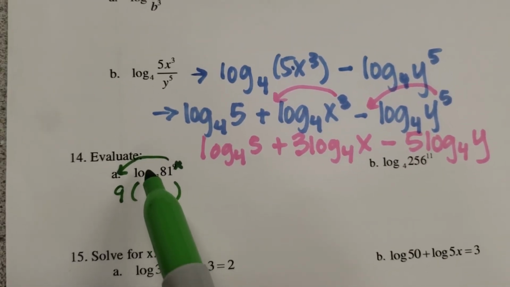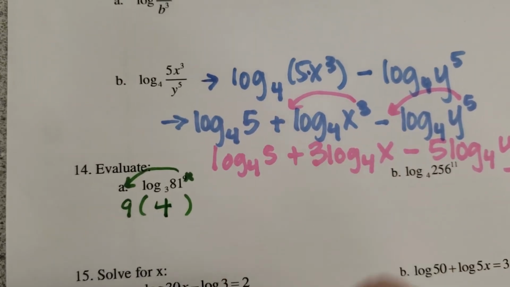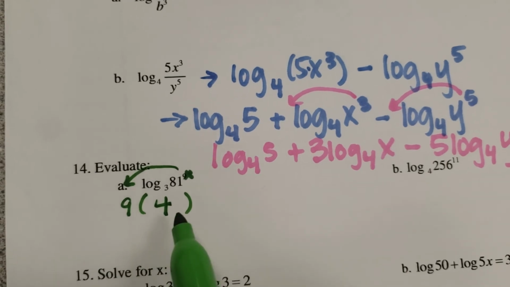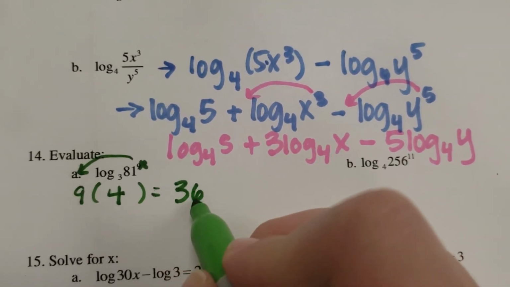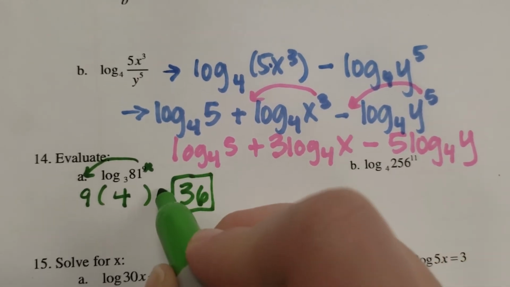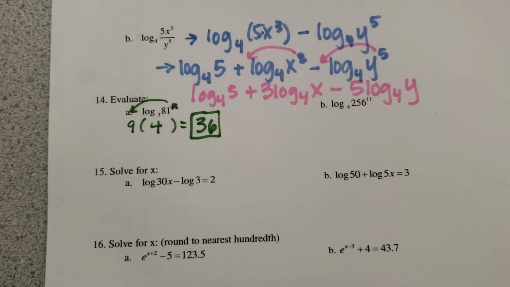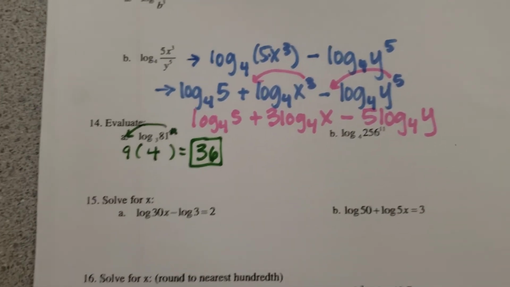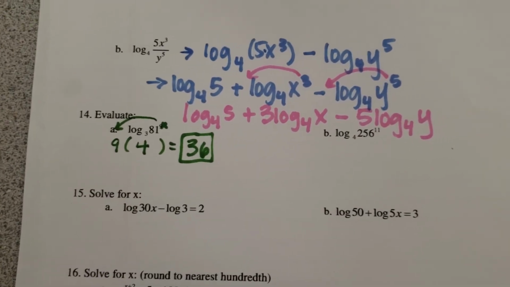So 3 to what exponent equals 81? That's 3 to the 4th. All right, so then I just have to do 9 times 4, which would give me 36. All right, so the properties just allow us easier ways to do these with mental math. And before people could work logs out with calculators, this was the best option they had.